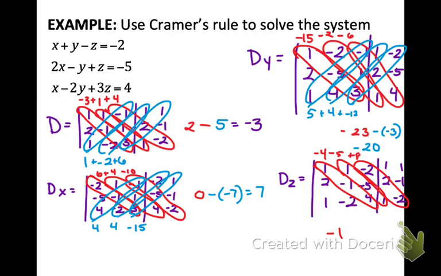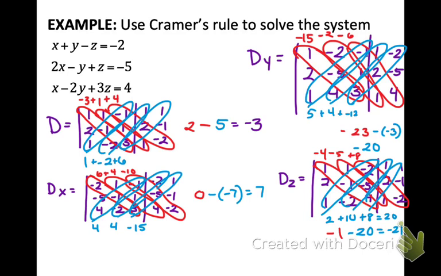Work off the bottom. 2 plus 10. 4 times 2, so 8. So that gets me 20. So -1 minus 20, which is -21, would be my determinant in respect to z.